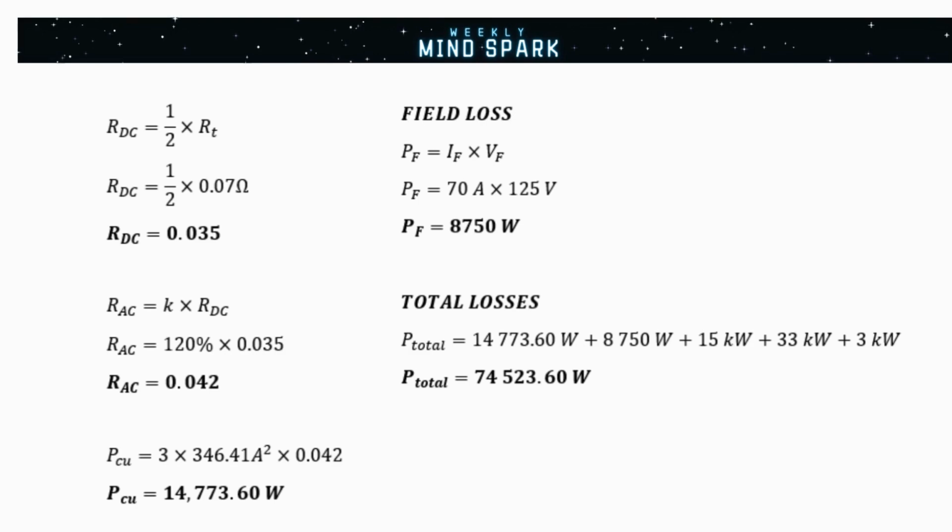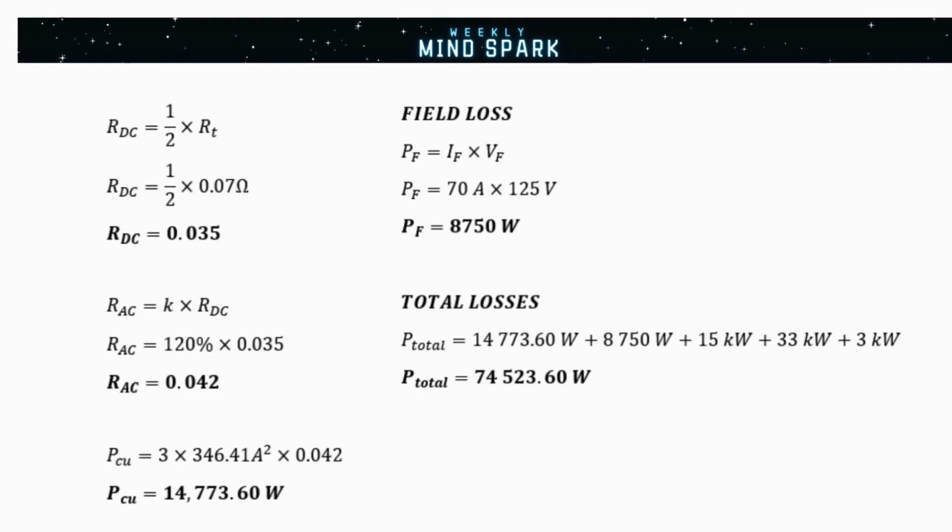Next, the RAC resistance calculation. We use the formula RAC is equal to K times RDC. So RAC is 120% times the calculated RDC, which is 0.035. We get the value of RAC of 0.042.